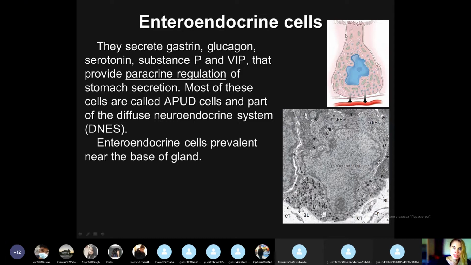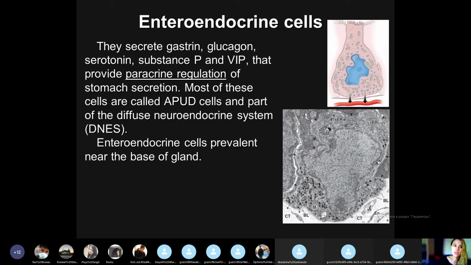Enteroendocrine cells, the next cells, have endocrine functions. If you remember, when we were talking about the endocrine system, we mentioned diffuse neuroendocrine cells. These cells do not form endocrine glands, but they are found as isolated cells in the tunica mucosa of many internal organs, especially abundant in the digestive system.